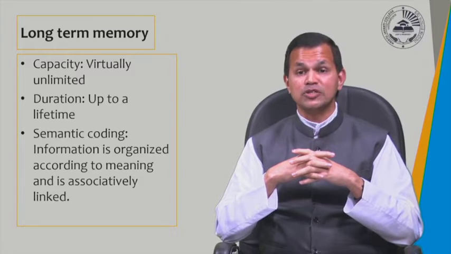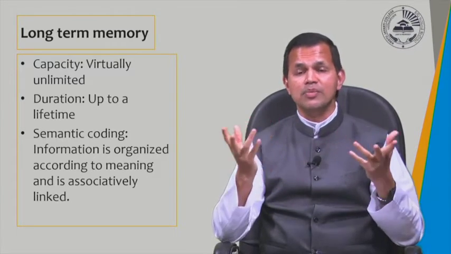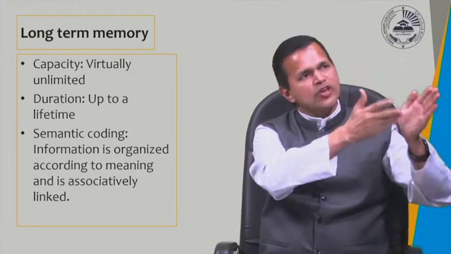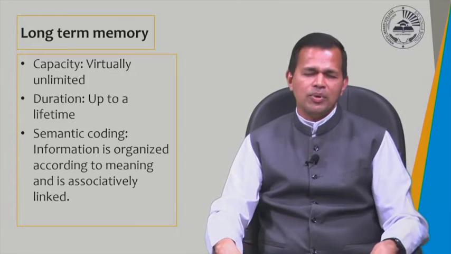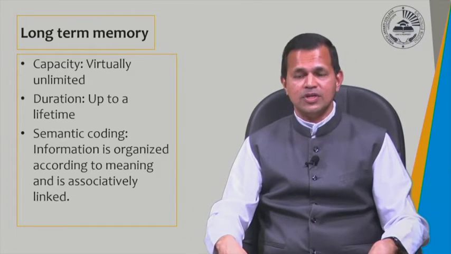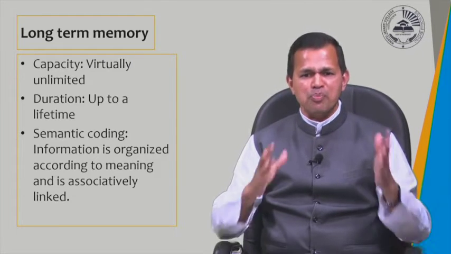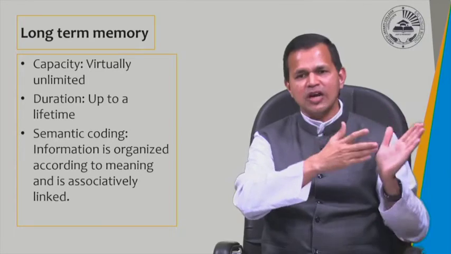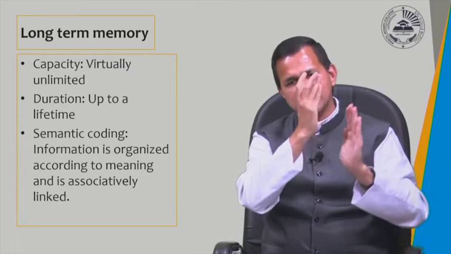Now coming to long-term memory, here the capacity is virtually unlimited. It's like you're storing everything in your rack one by one, and it's kept there. And how long is it kept? I would say for a lifetime. It is forever. The information is organized according to meaning, as we mentioned with chunks, and then it is linked associatively.